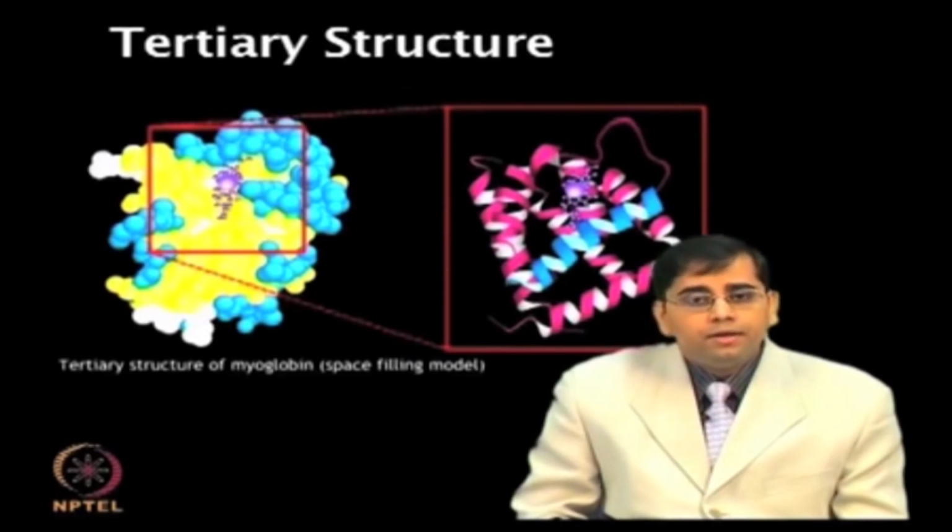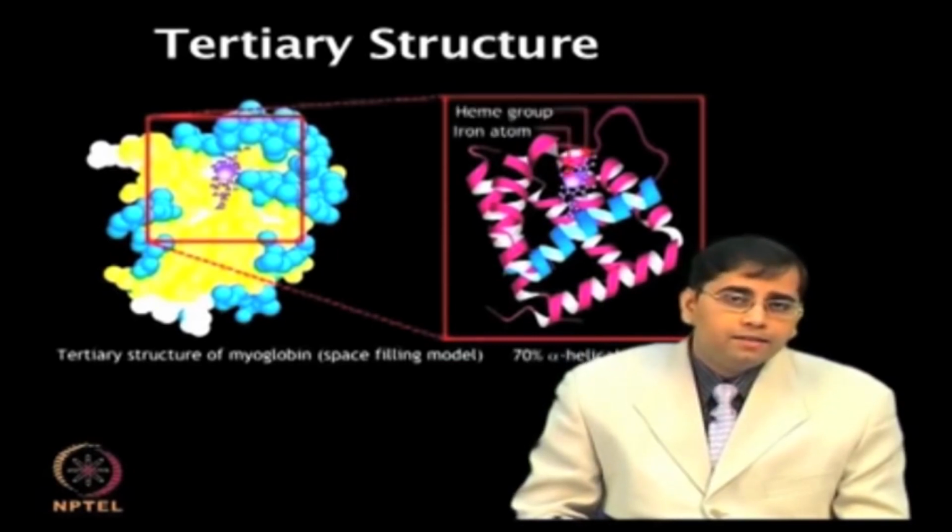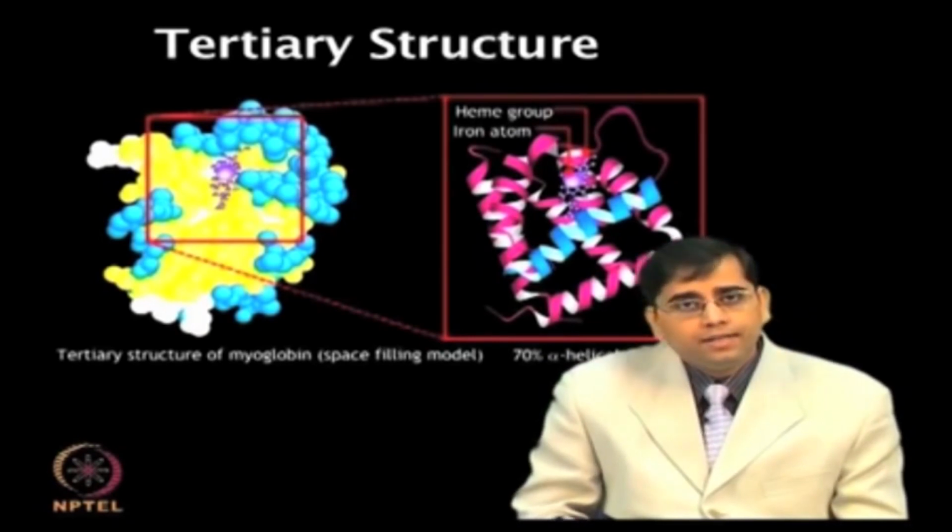The three-dimensional compactly folded structure of proteins makes the tertiary structure, which represents the overall organization of secondary structural elements in three-dimensional space.